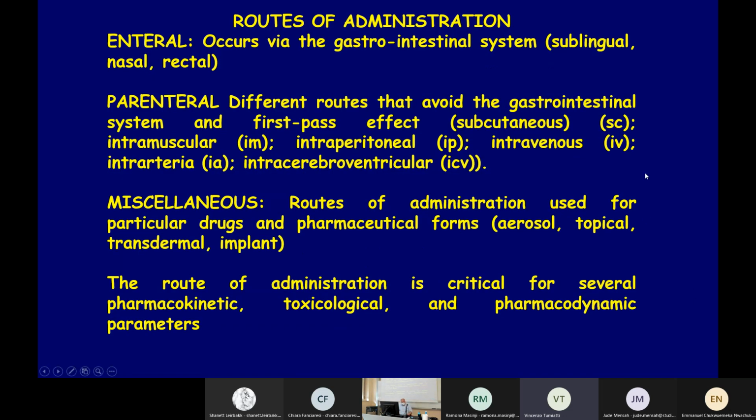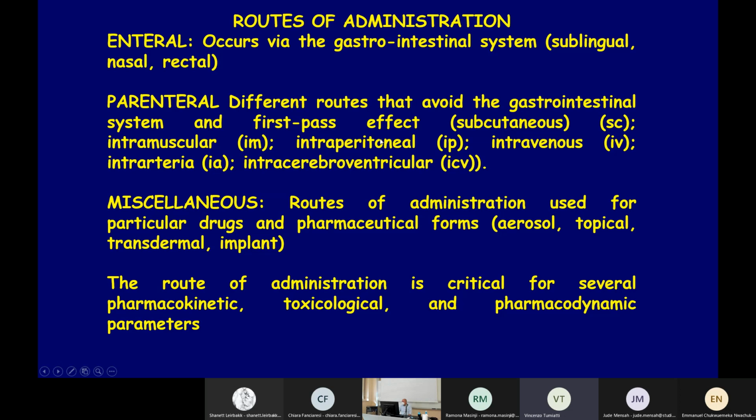We start from this point. Different routes of administration. The first one is enteral, the gastrointestinal system, sublingual under the tongue, nasal, rectal, tablets.